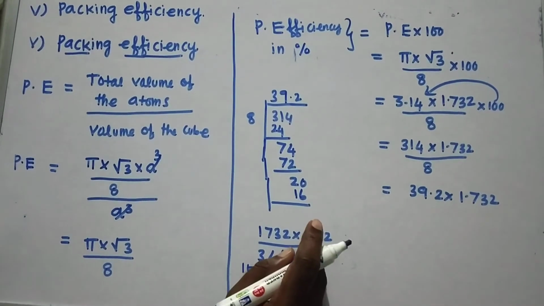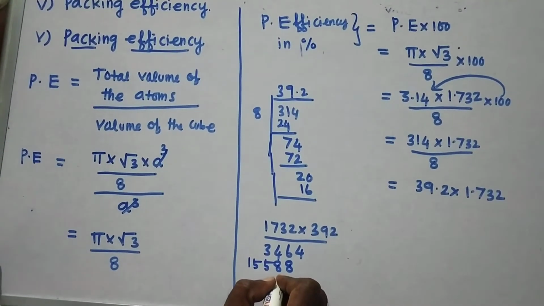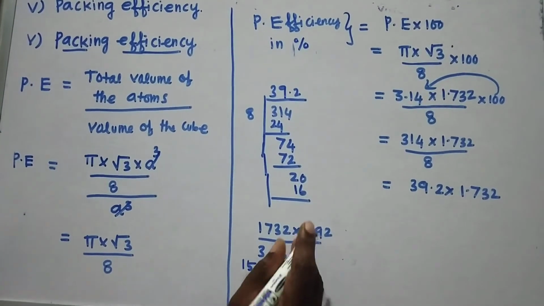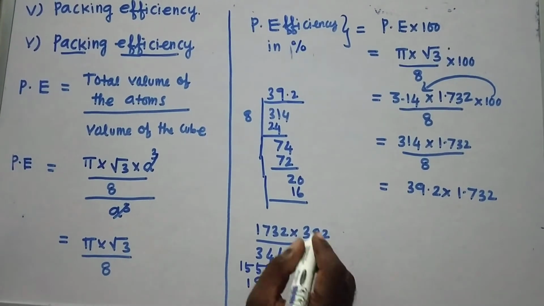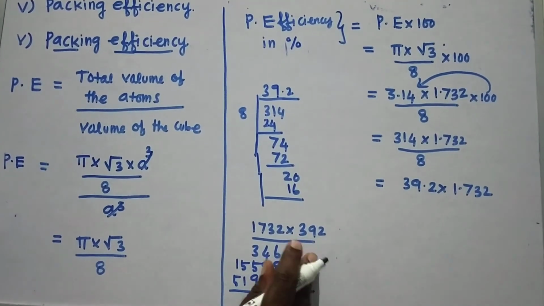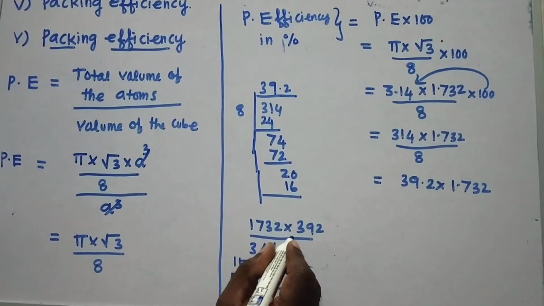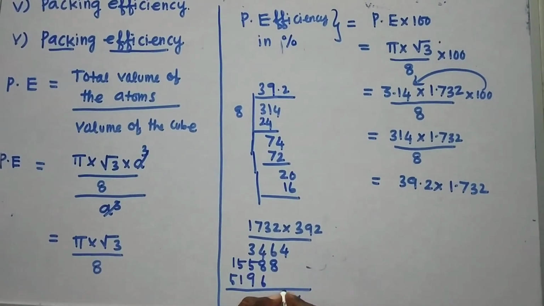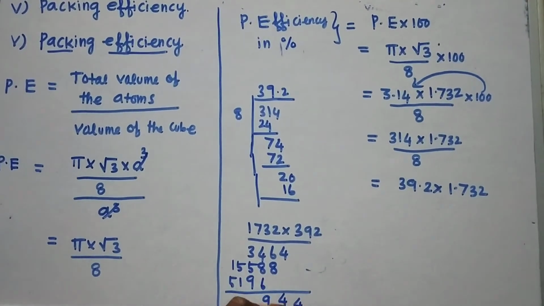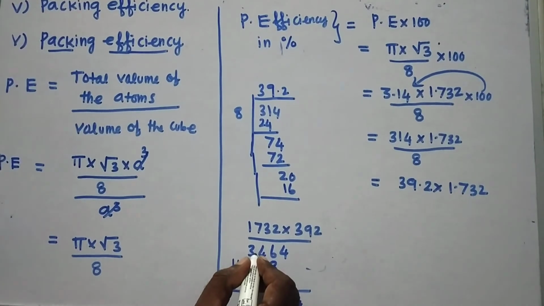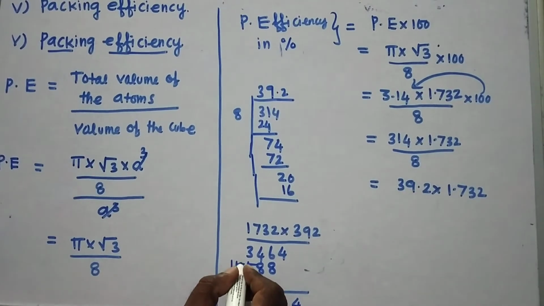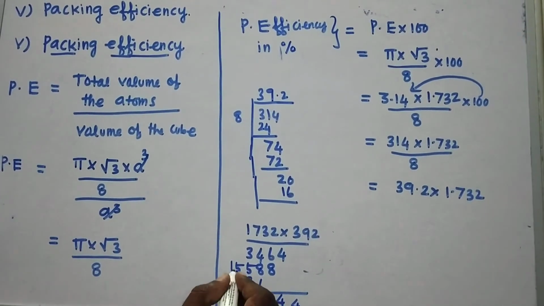Then 3 into 2 equal to 6, 3 into 3 equal to 9, 3 into 7 equal to 21, remaining is 2, 3 into 1 equal to 3, 3 plus 2 equal to 5. Okay, we are going to add all, that is equal to 4, 14, 5, 5 plus 8 equal to 13, 13 plus 6 equal to 19, 4 plus 5 equal to 9, 9 plus 9 equal to 18, that is equal to 7, then it is equal to 6.